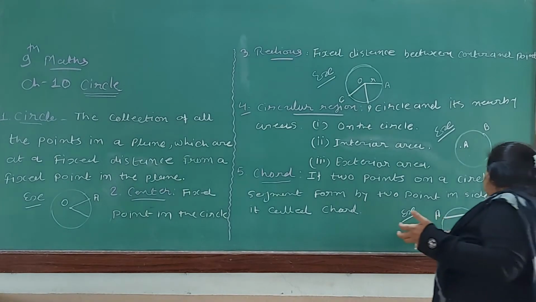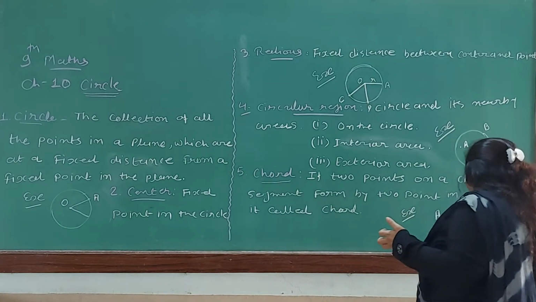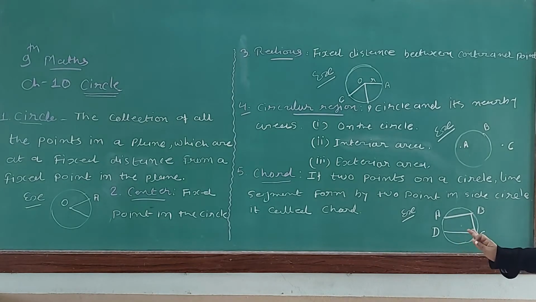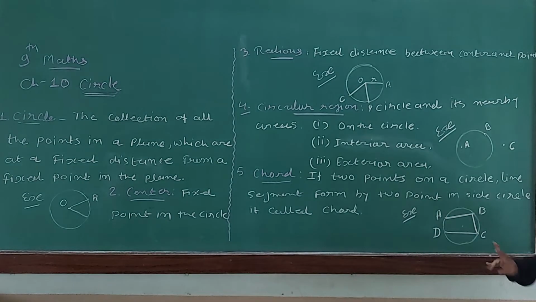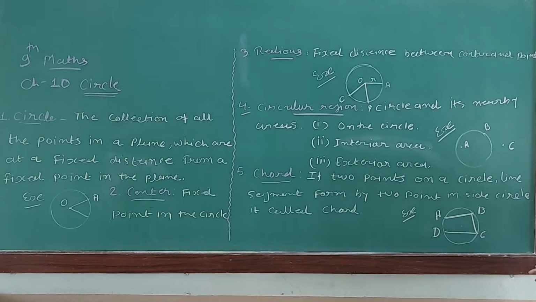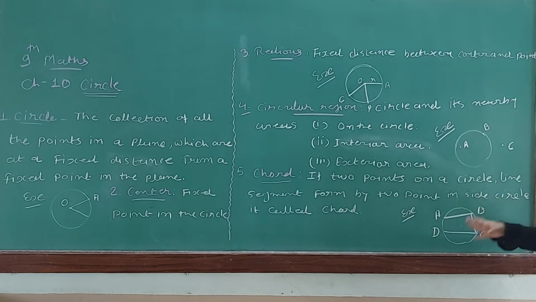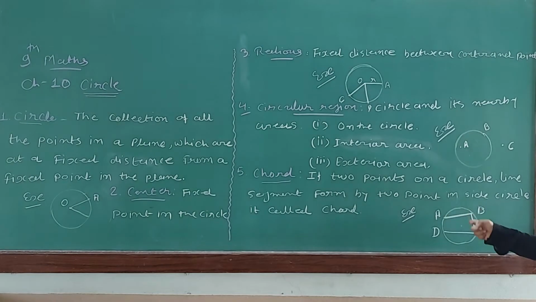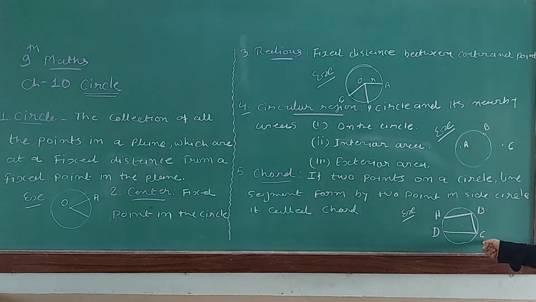If I want to form D, then the third chord will be DC or CD. In short, 2 points on the circle and they form a line segment which is known as chord of the circle. Example, AB is also a chord, BC is also a chord, and CD is also a chord.